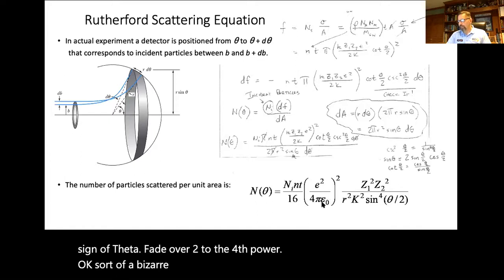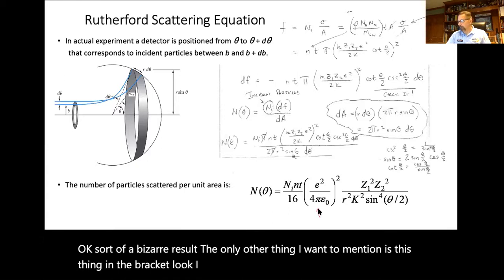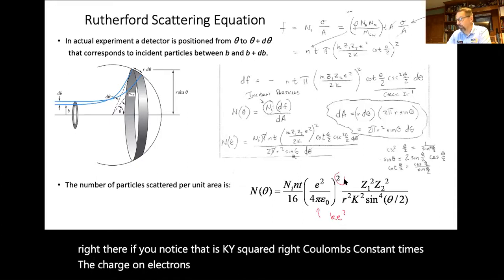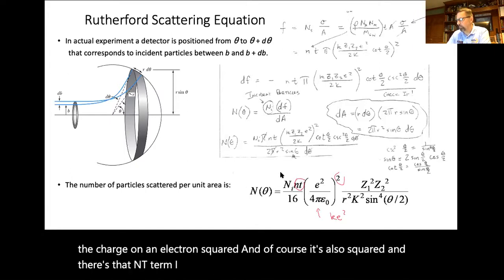The only other thing I want to mention is this thing in the bracket. All right, that guy right there, if you notice, that is ke squared, right? Coulomb's constant times the charge on an electron squared. And of course, it's also squared. And there's that N_i term I was just talking about before.